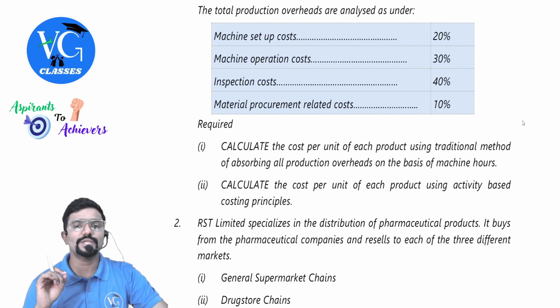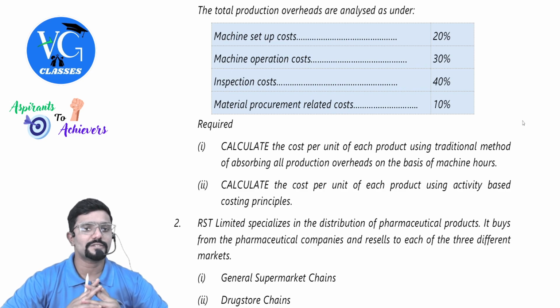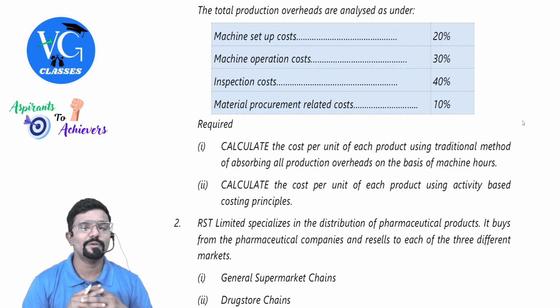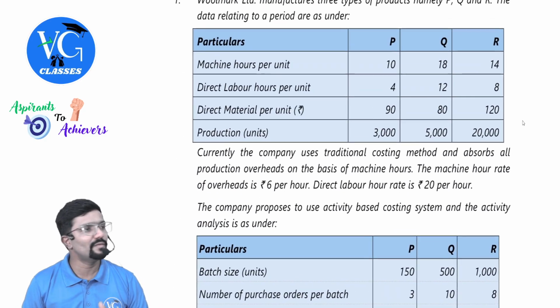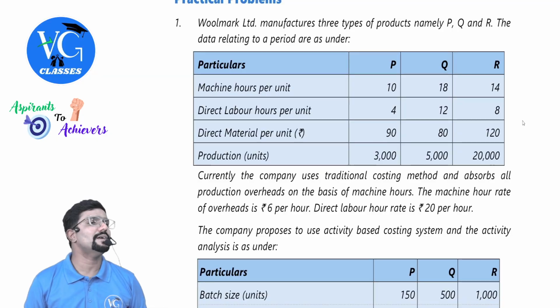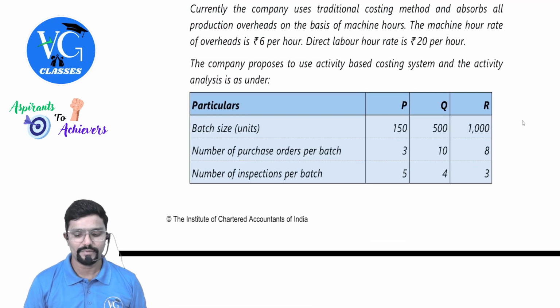The total production overheads are analyzed as under: machine setup cost 20%, machine operation cost 30%, inspection cost 40%, material procurement related cost 10%. Sir, how will I know what is the amount? You have to calculate total overhead, then divide it in the percentages. You will get the activity cost for each activity.